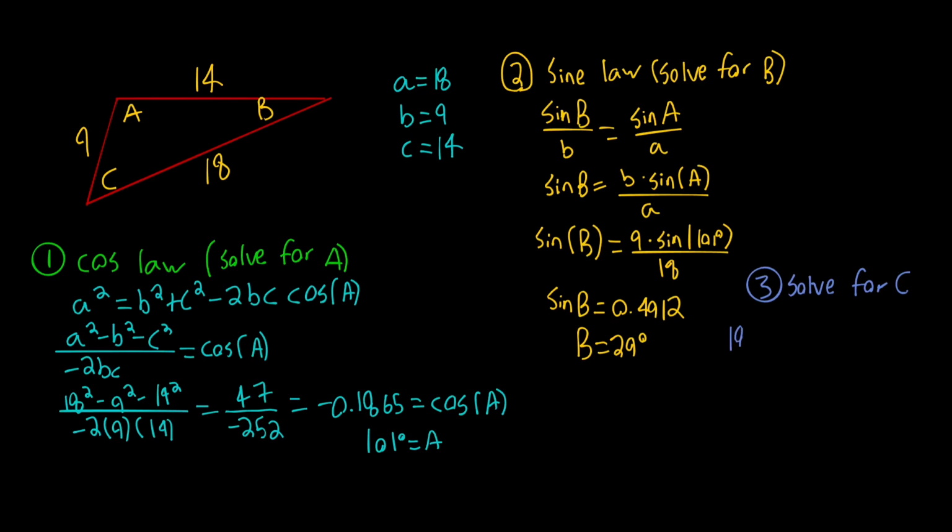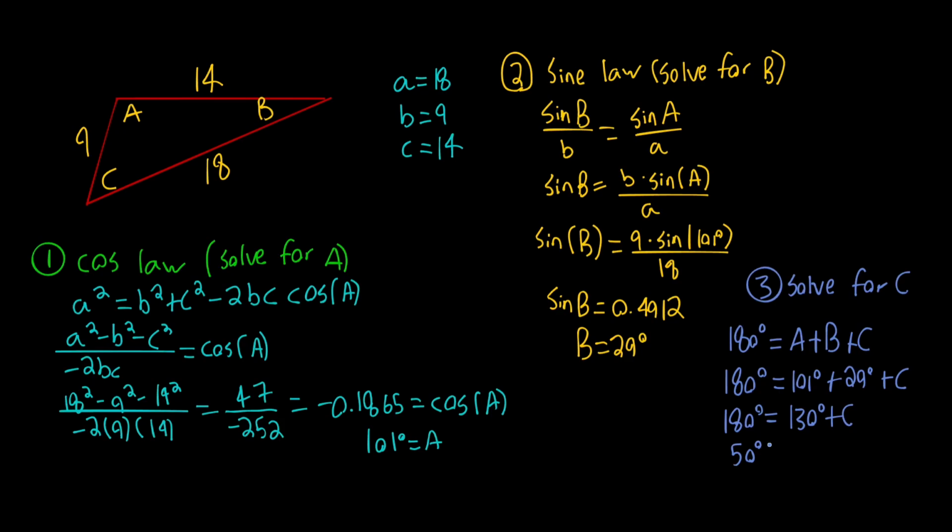So we'll get 180 degrees is equal to A plus B plus C. Here, that's going to give me that 180 degrees is 101 degrees plus 29 degrees plus C. Or that 180 degrees is equal to 130 degrees plus C. As a final answer, this is going to give me that 50 degrees is equal to C.